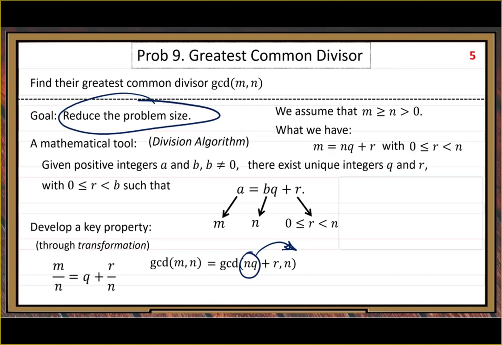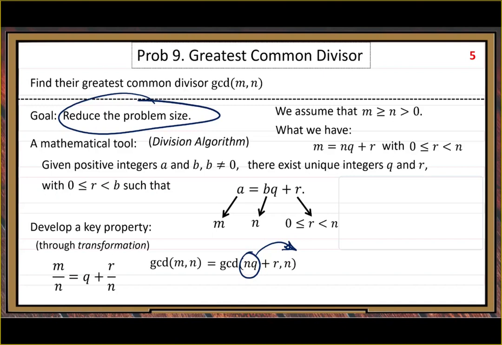I want to show you this fraction form formula transformation. Let's consider m over n, fraction form, numerator, denominator. We replace m by nq plus r, but nq is a multiple of the denominator, so we can simplify. After simplification, we get integer q plus another smaller fraction, r over n.